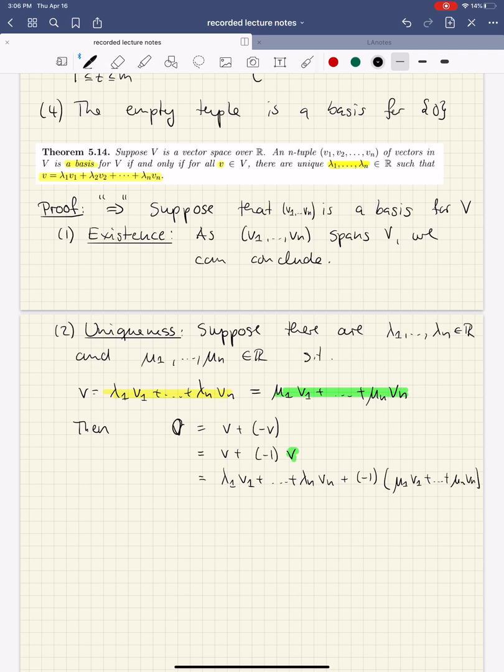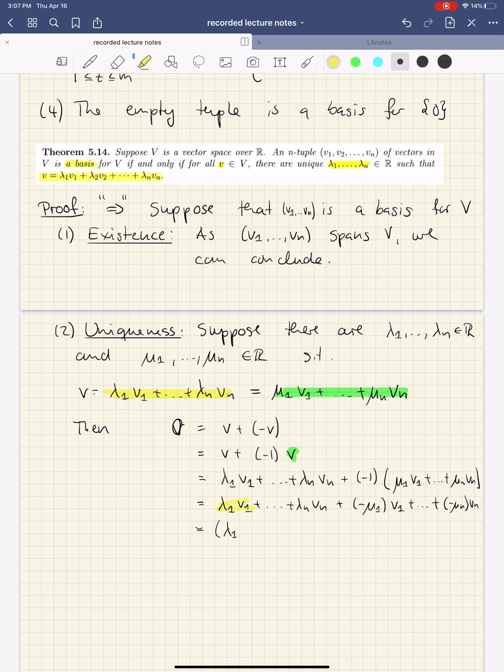You can see here I'm using axioms of the vector space, but we're at the point where we don't want to be so meticulous about it anymore, and we're not going to tell the reader what we're using. We're just assuming that the reader can still follow what's going on. So what am I doing here now? I'm going to put this minus 1 inside. Then I regroup, so I put all of the ones that involve v1 together.